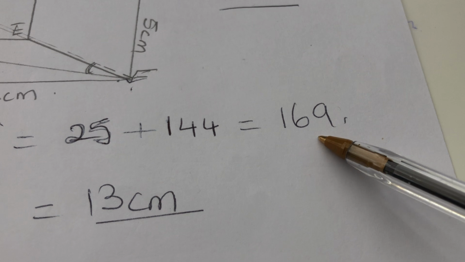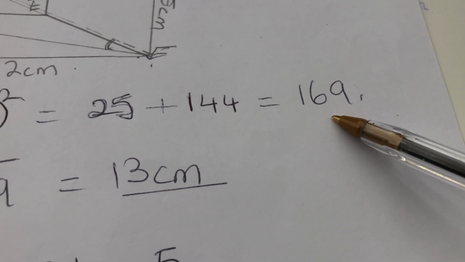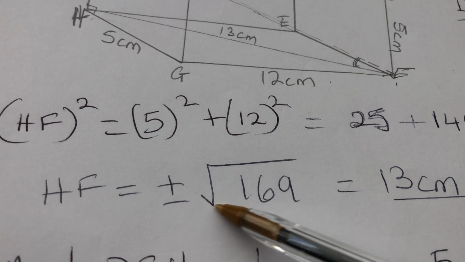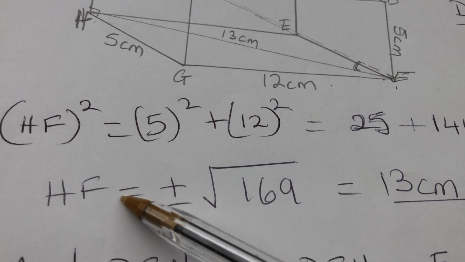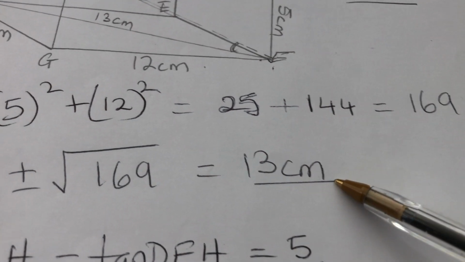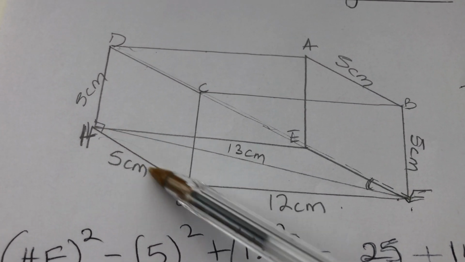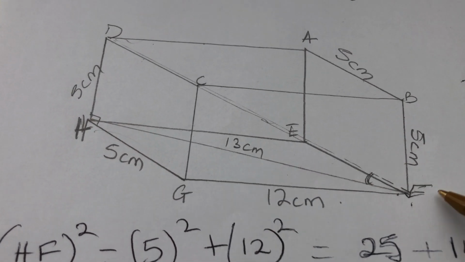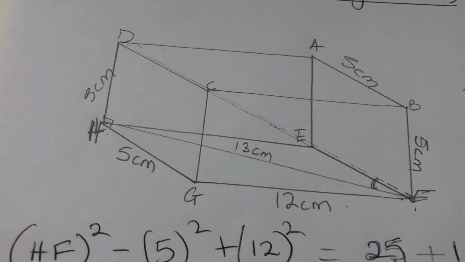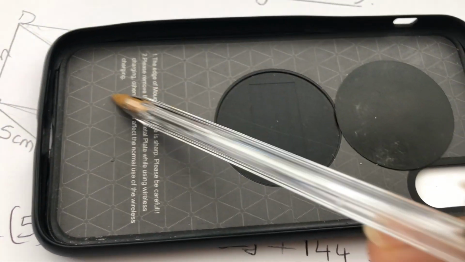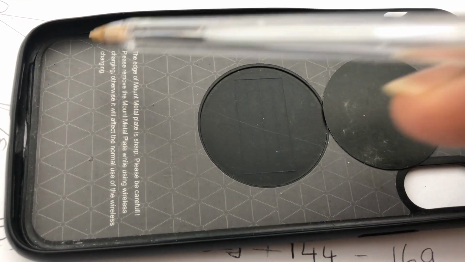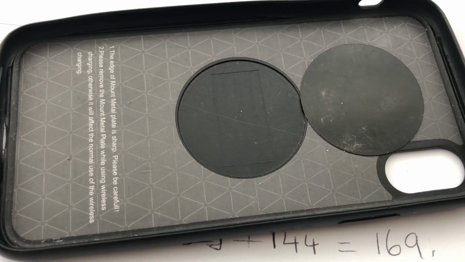If you add them, you get 169. The square root of 169 is HF, which is 13. So if this is 5 and this is 12, then from this corner to that corner is 13. We've used 5 and 12 to find from here to there.